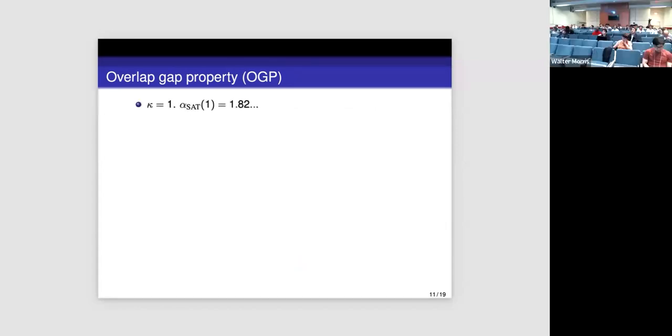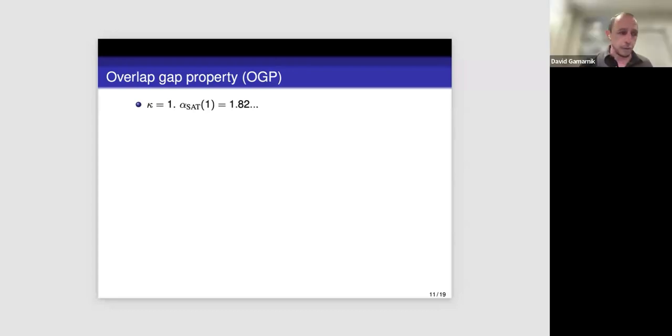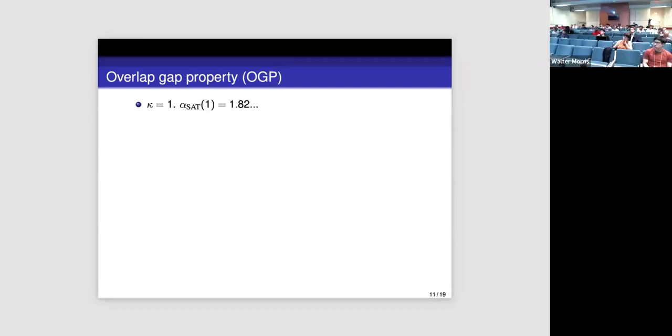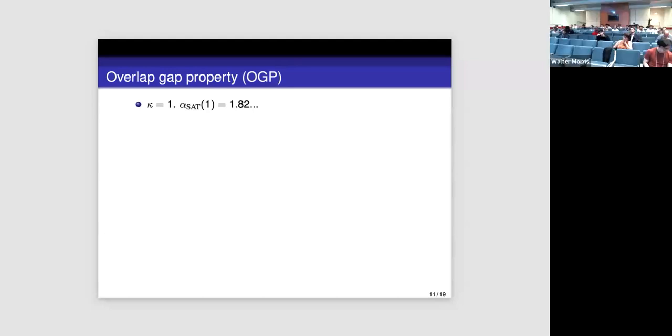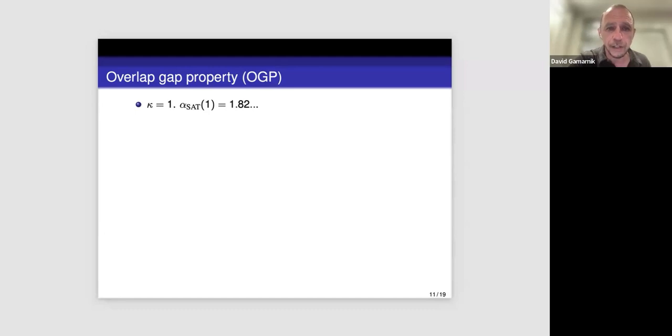So what is this property? Let me introduce this property formally, and then give you a little bit of an intuition. For simplicity, let's assume that kappa, this margin of error, is 1. Then you can work out a critical threshold, alpha, using this formula that I gave you earlier.